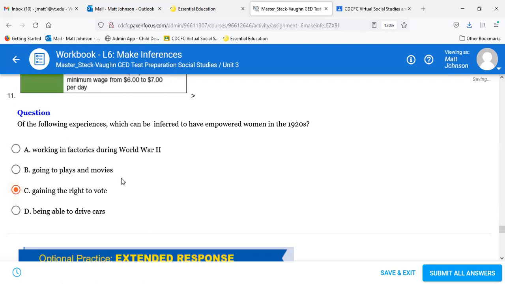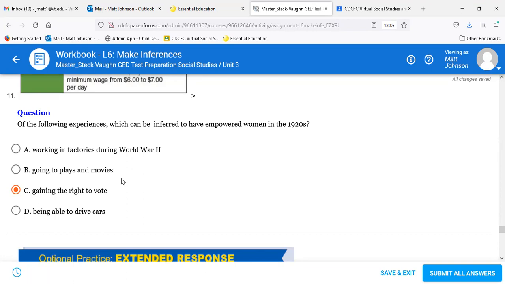Good. Yeah, and I want to point out here, this is one where prior knowledge is going to come into play. World War II doesn't happen until the 1940s, right? So we're talking about the 20s here, in between World War I and World War II. So that's one way with your test taking skills to eliminate some of that stuff. Hopefully we'll talk about the women in the workforce in World War II. That's pretty cool stuff.